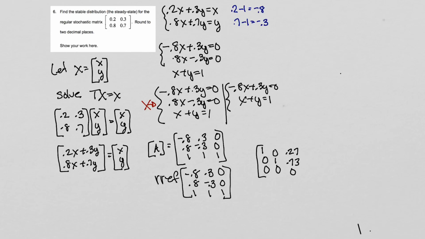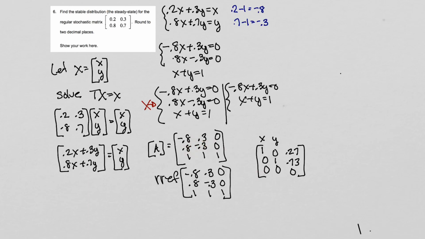And then I'm getting a 0 here. So what this means is, this is our x column, our y column. So we're getting here that 1x, no y, so x is 0.27, and y is 0.73. And then we get this row of zeros because it has to do with maybe these two equations being identical.